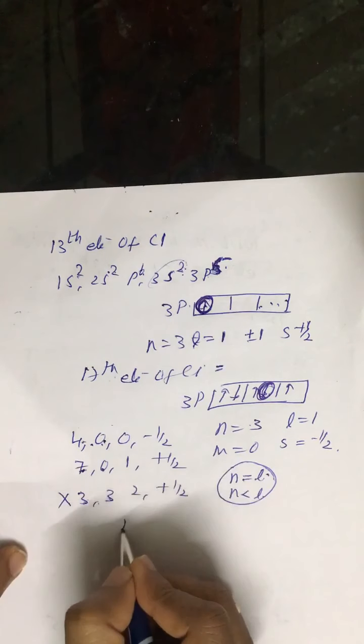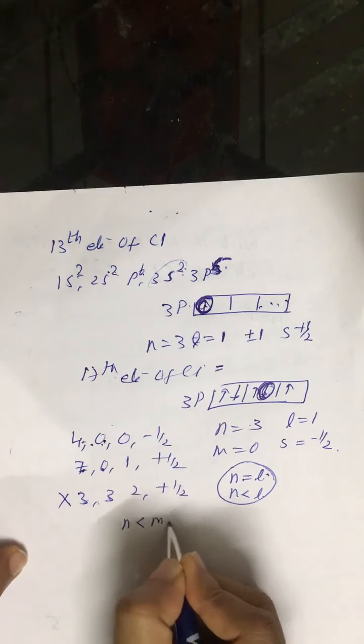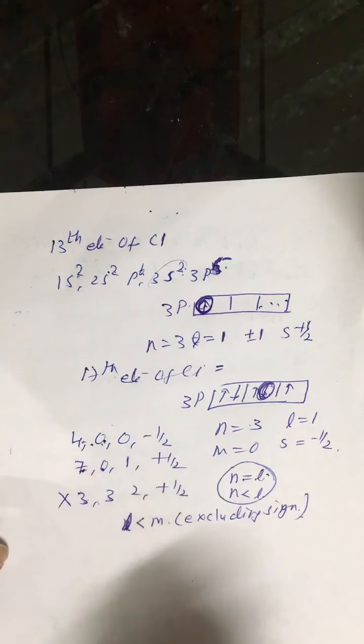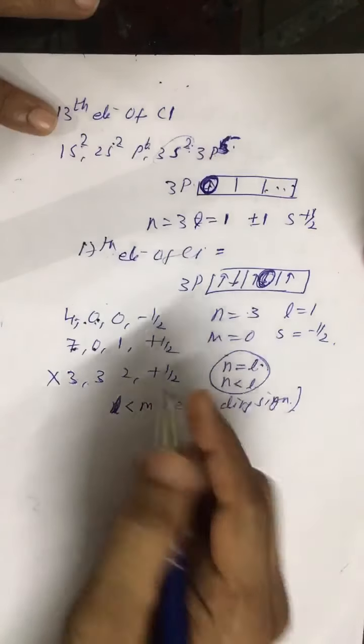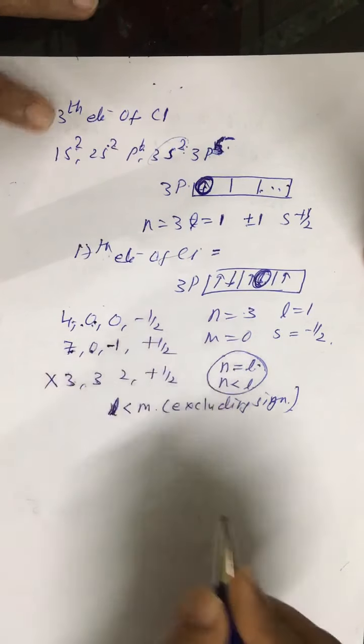And the second thing: if L is less than M, excluding sign, then it is impossible. Excluding sign means, suppose we are given 7, 0 and -1.